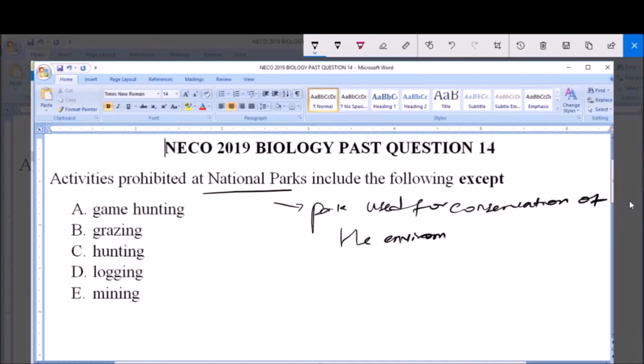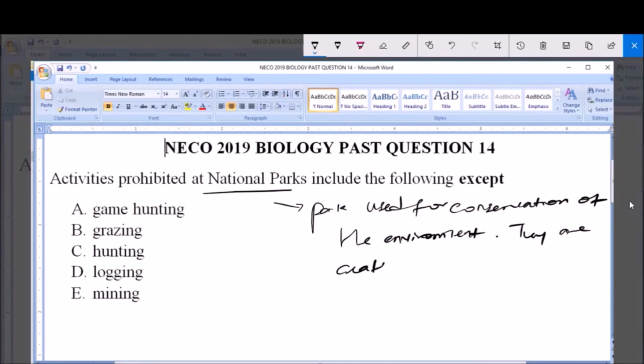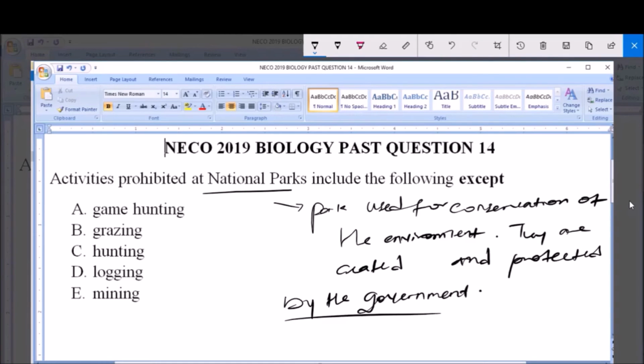These parks are majorly created for conservation purposes, and they are created and protected by the government, and that's why we refer to them as national parks. Like I said, they are used for conservation of the environment.